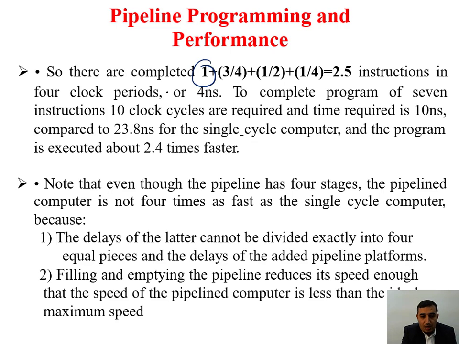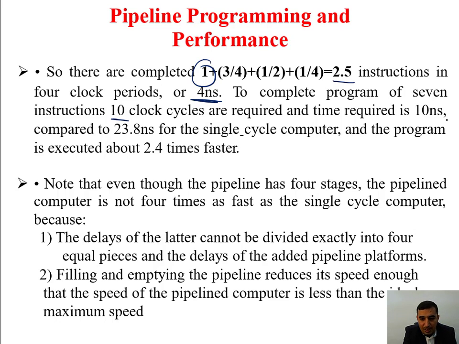So as you can see here, we have 2.5 instructions done in 4 nanoseconds. To complete the program of 7 instructions, we need 10 clock cycles.